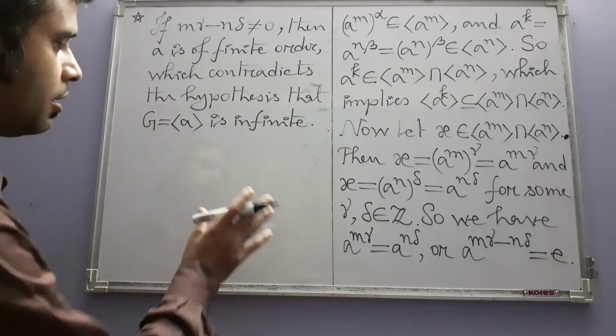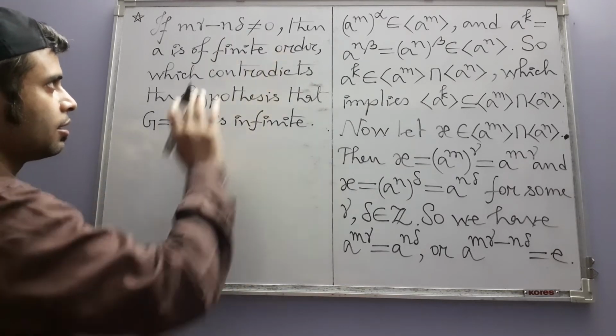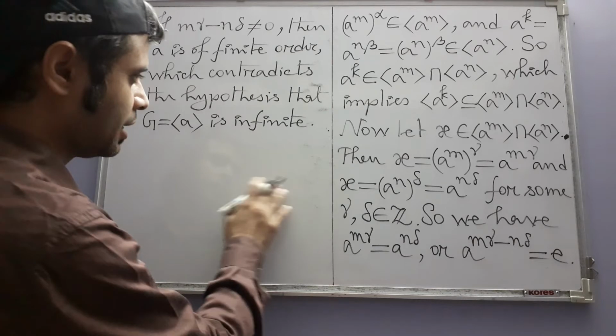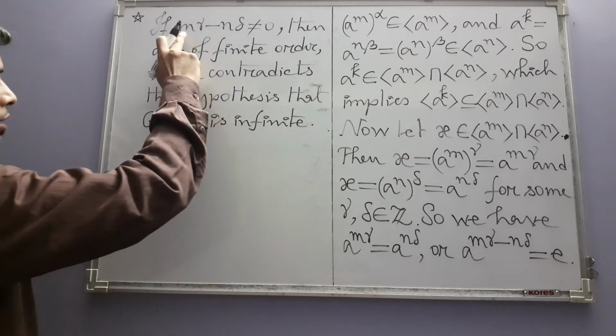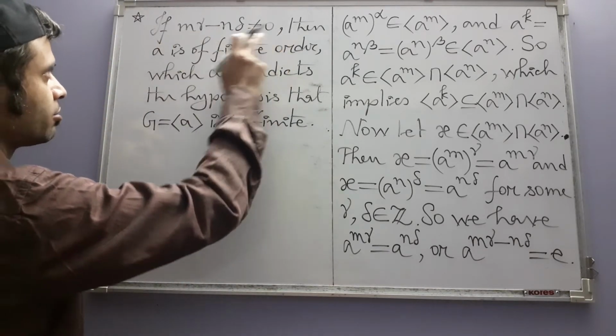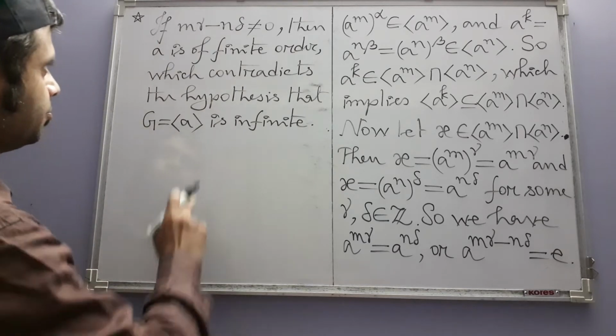But there is still a little explanation that maybe I should provide. How am I concluding that if this is non-zero, then a is of finite order?